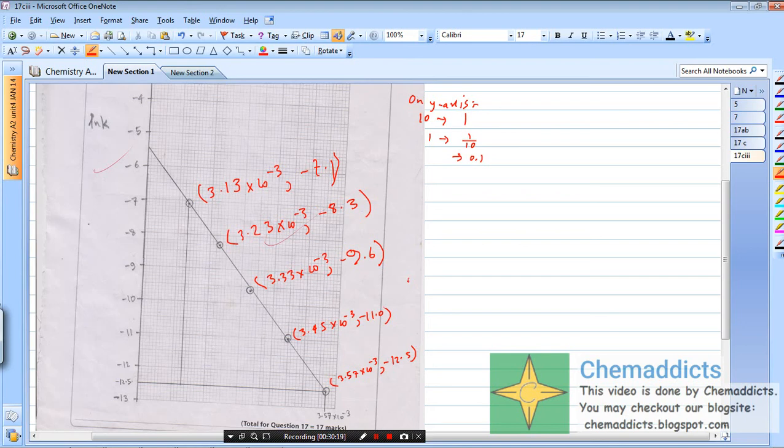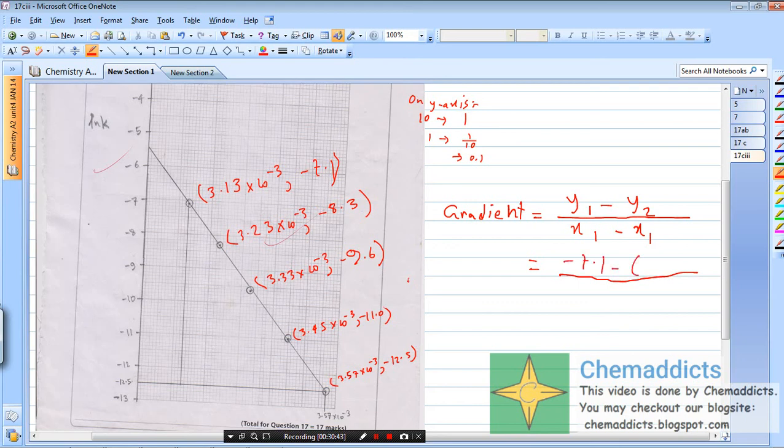So the gradient would be just like this: y1 minus y2 divided by x1 minus x2. It's a simple arithmetic thing. Okay, so here let us take y1, this is minus 7.1 minus, here this is minus 12.5.